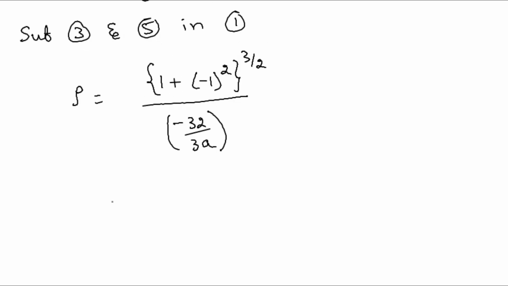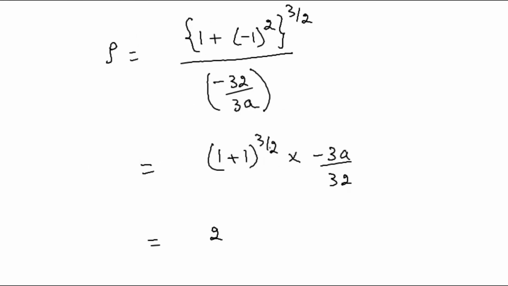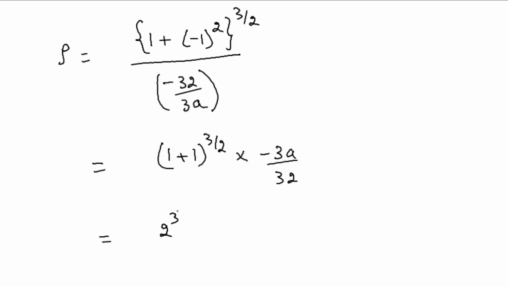Try to simplify this one. This is 1 minus 1 square will be 1 to the power of 3 by 2. So if I take the reciprocal, it becomes minus 3a by 32. If you further simplify, this is 2 power of 3 by 2. Can I write this as 2 cube whole power of 1 by 2 into minus 3a by 32.